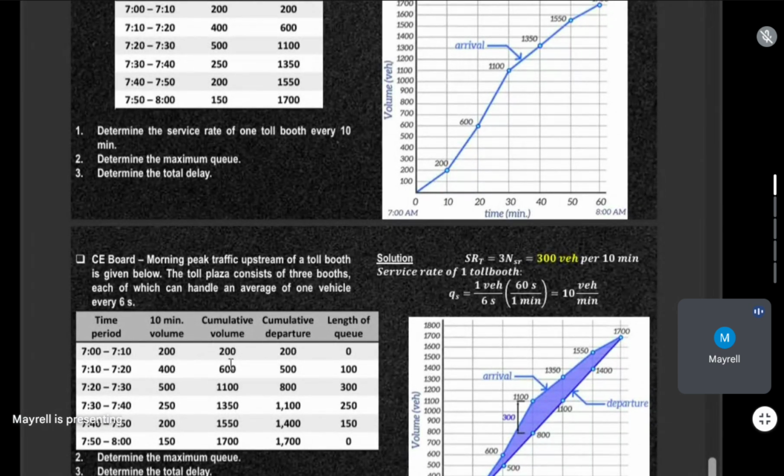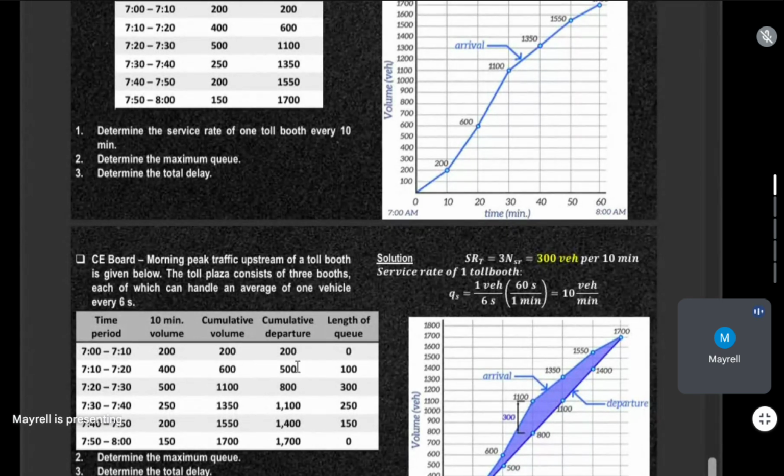So you have the cumulative volume of 200. Then the cumulative departure is of course 200, so 200 can be served, since it can accommodate 300. So then every 10 minutes, you can add 300.